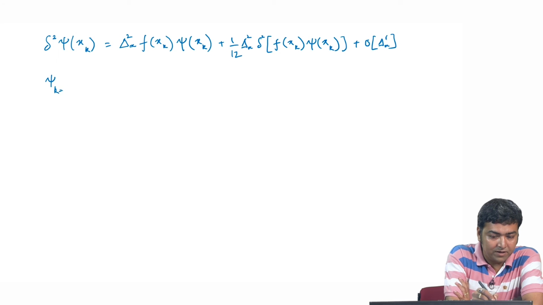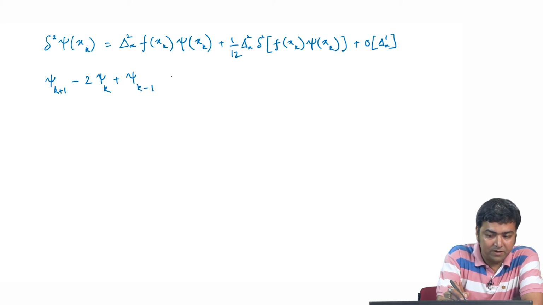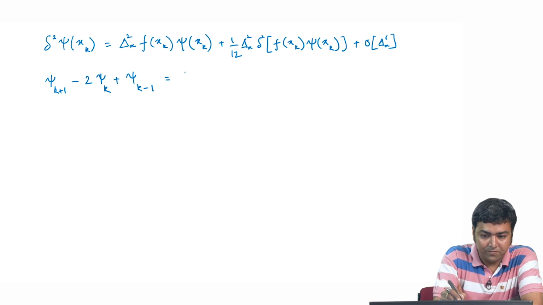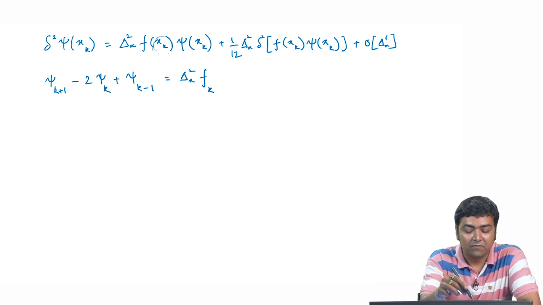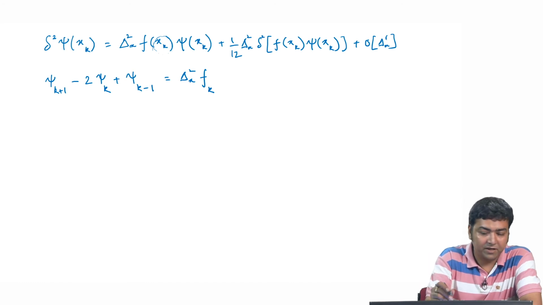Once I do that, what we get is the following. psi k plus 1 minus twice psi k plus psi k minus 1 is equal to del x square f_k psi_k plus 1 by 12 del x square. To make it simple, I am getting rid of the functional dependence on x_k.